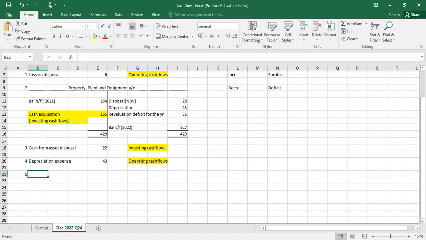So when you go to note number 3 in the question paper, we are told that 50 million shillings of convertible loan stock was converted to 50 million shillings of ordinary share capital, at par, during the current year.